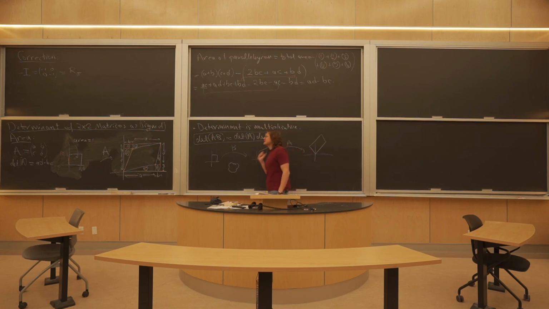So this is a scaling factor in the context of areas or volumes. This means that the area from here to there is scaled by a factor of determinant of B, and the area from here to there is scaled by a factor of determinant A. Well, certainly those scales should multiply.